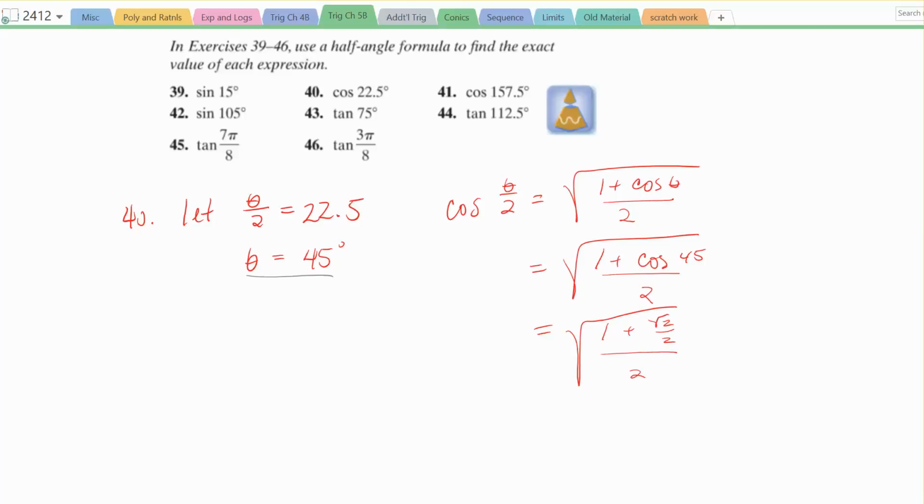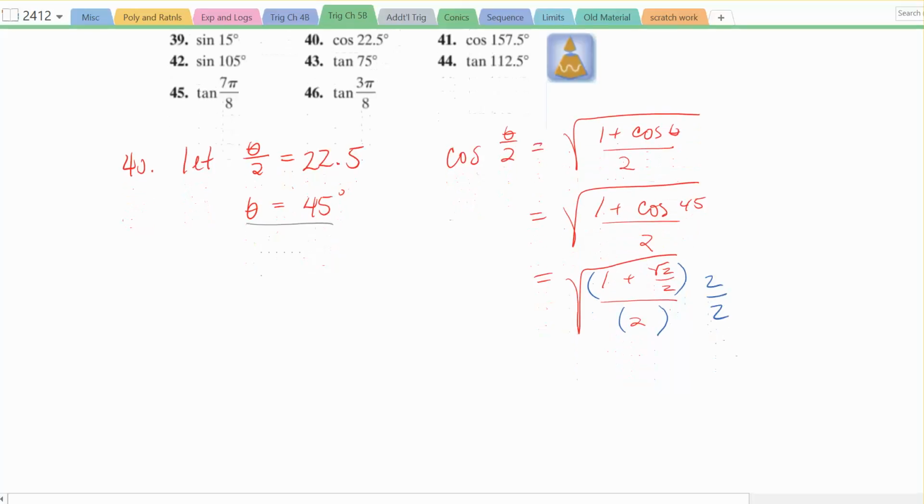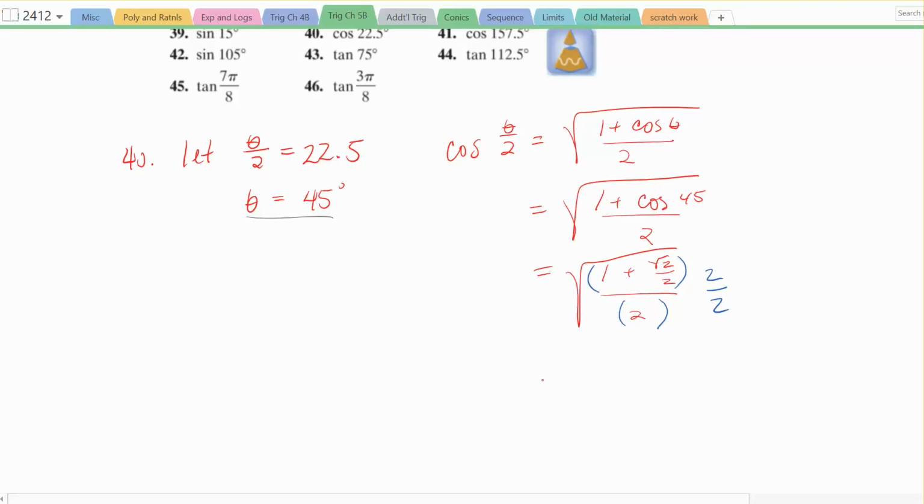Now if I come in here and try to get rid of my fractions, I'm going to multiply numerator and denominator up under that radical by 2 over 2. That gives me 2 plus the square root of 2 in the numerator, all under the radical sign still, and the denominator is simply going to be 2, because when I multiply the 2 up under the radical times the blue 2, I get 4.